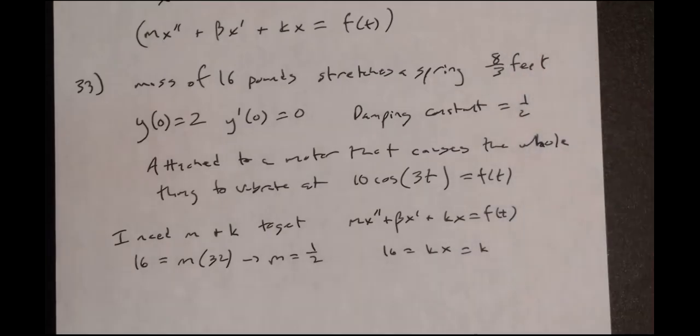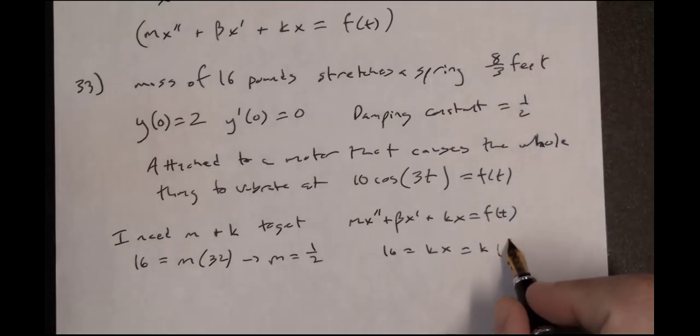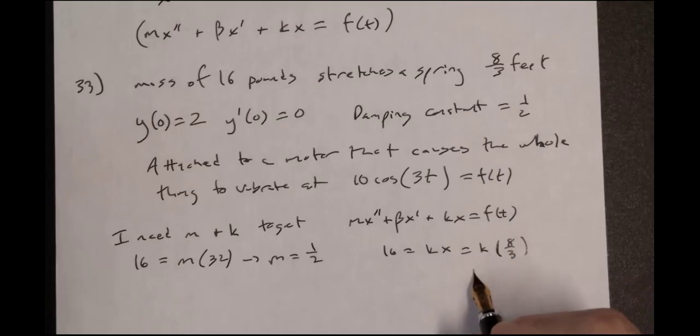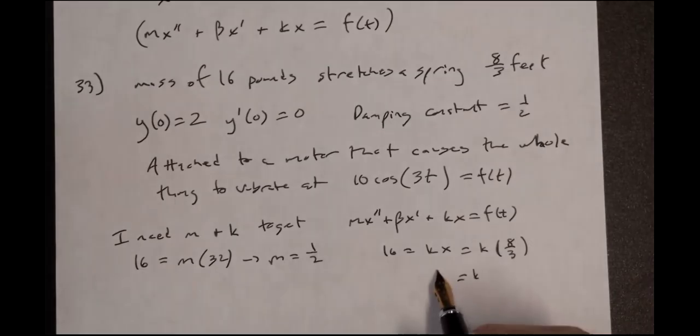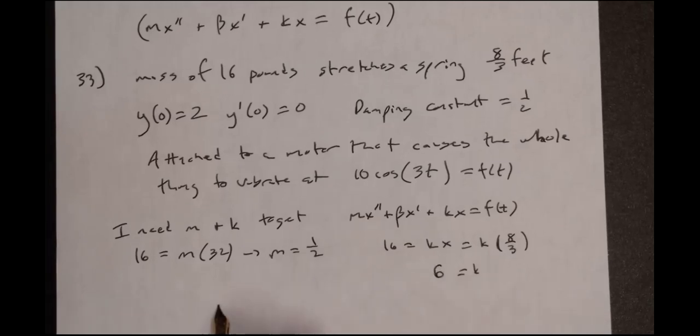The 8/3 foot we distorted by hanging the spring. Which means K is, multiply that by 3/8. Perfect. Now I can create my equation. 1/2 x double prime plus 1/2 x prime plus 6x equals 10 cosine 3t.